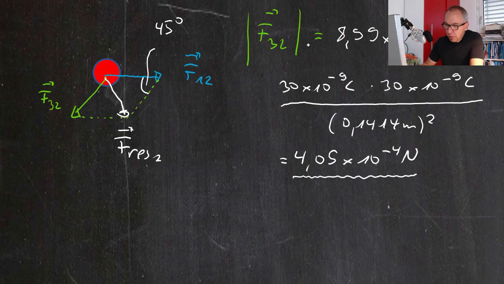So what we know is the blue force, then the green force, which of course I can also draw here, and we want the white one. The easiest way is if we use the law of cosine.